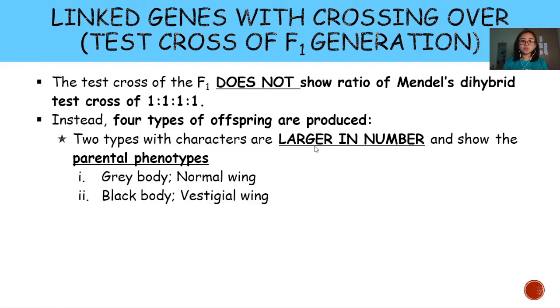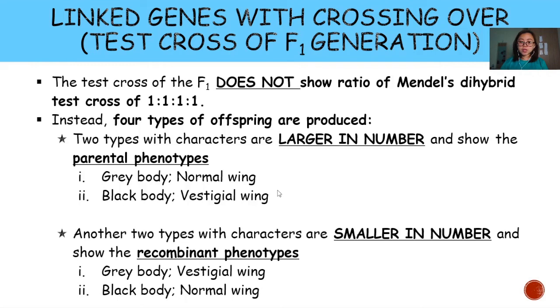You will have 2 types of characters that are larger in number, and these 2 characters will show the parental phenotypes. Kalau parent dia adalah gray body and normal wing, and black body and vestigial wing, bila kamu buat test cross, dia akan banyak untuk phenotype ini.